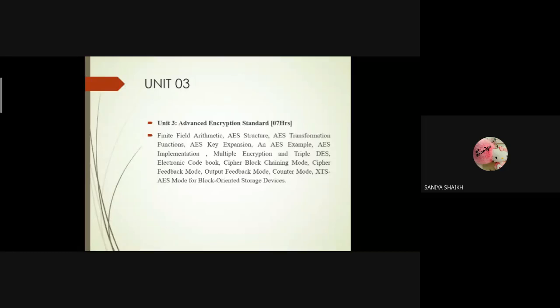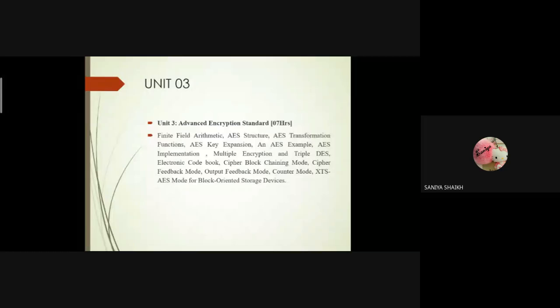We have heard about IEEE 802.11, right? If we have to develop a system and again secure it, then we have to study the various types of encryption standards. All those encryption standards we have to study in unit number 3.